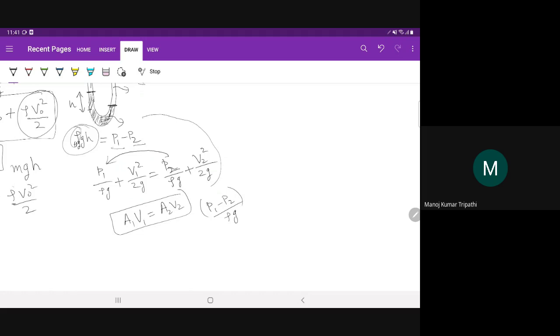So you can take P1 minus P2 as your unknown. This is some unknown, let's say omega, and this is some unknown omega. So now you have only two unknowns in these equations, omega and V. And from these two equations you can calculate both of them. Okay, is that clear?